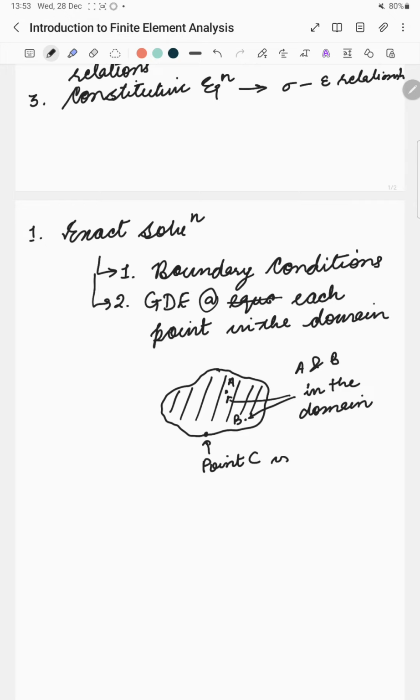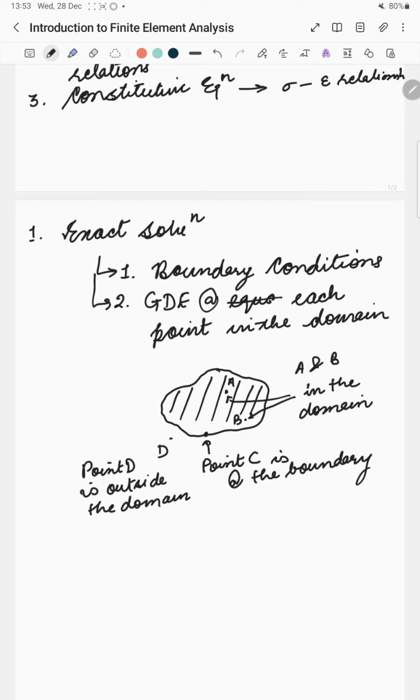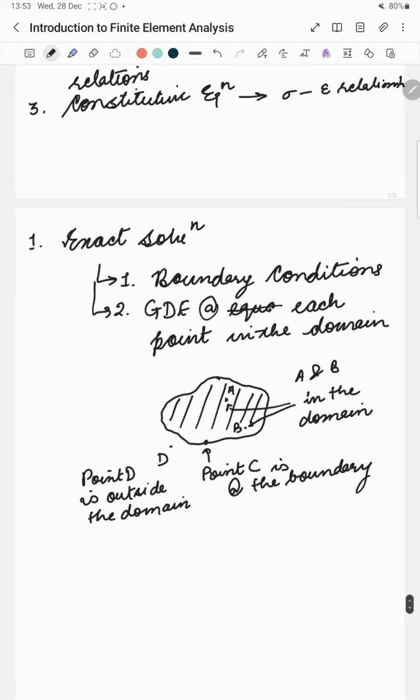Point C is at the boundary. Point D is outside the domain. So basically, I seek the solution of the problem within the domain and at the boundaries. So when I get the exact solution, the error is equal to 0 at all points within the domain as well as at the boundaries.